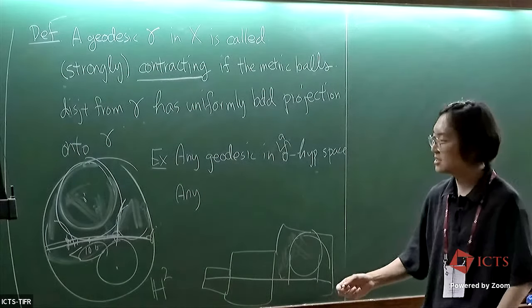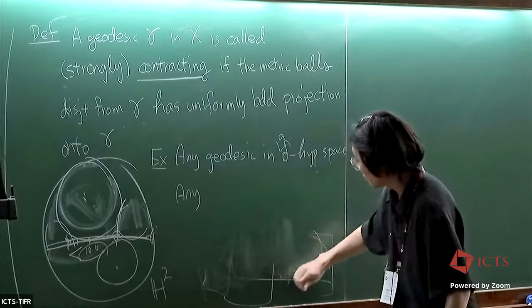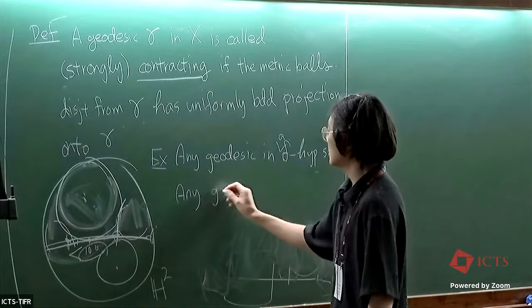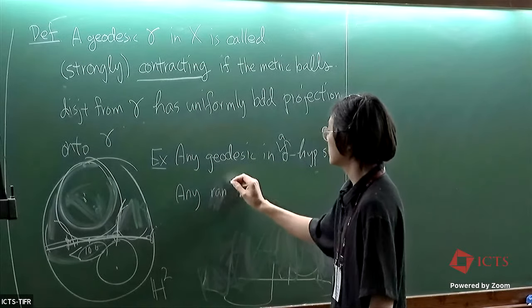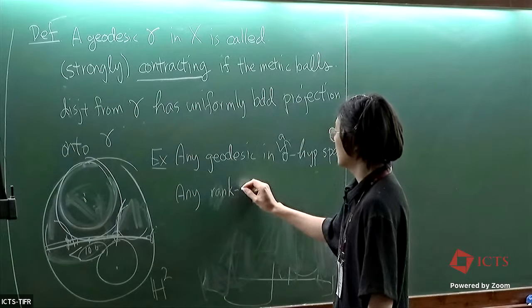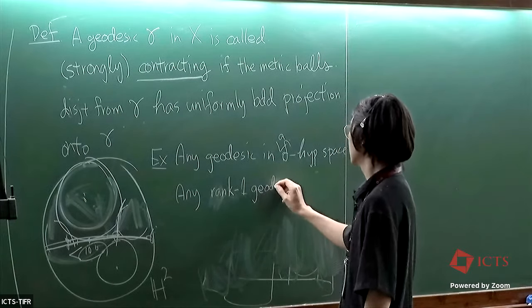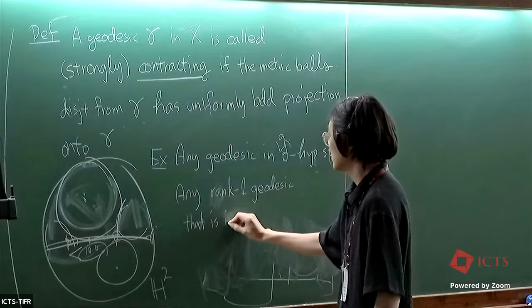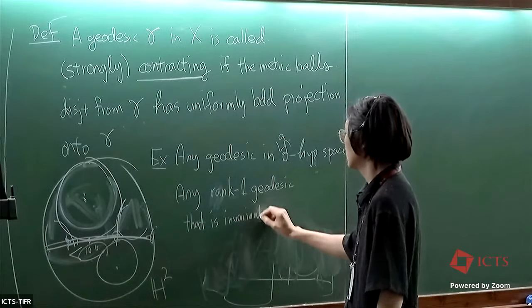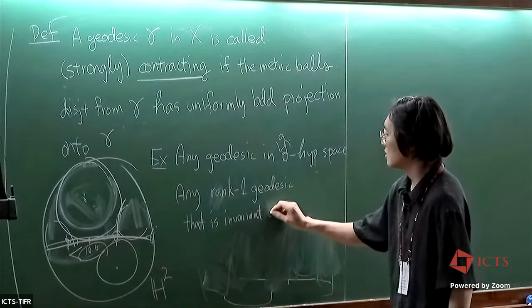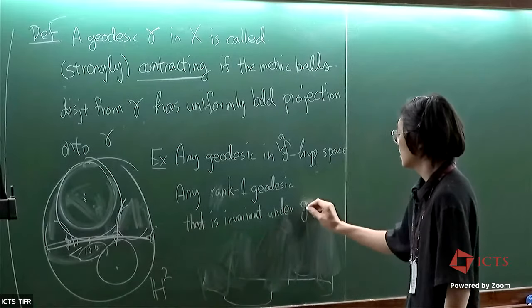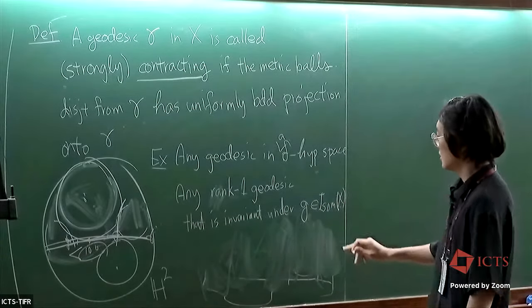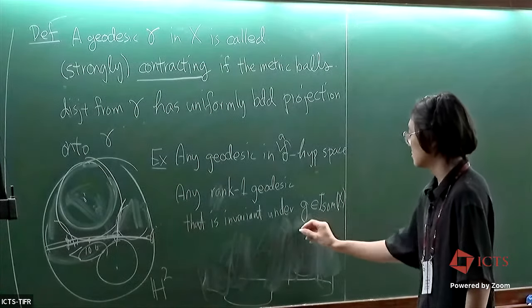So to prevent this, what kind of condition can I impose? Any rank 1 geodesic that is invariant under some translation along it.